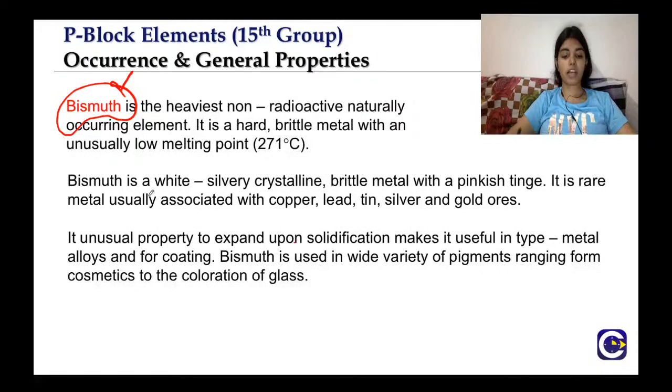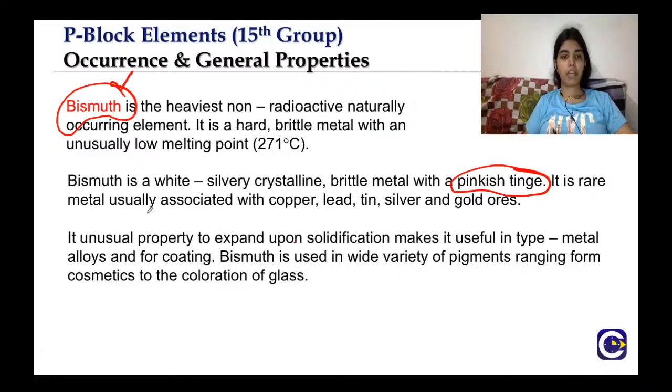You must not consider that all the elements of the p block are non-metals. There are some elements which are metals, some which are metalloids, and some which are non-metals. Bismuth is a white, silvery, crystalline, brittle metal with a pinkish tinge.